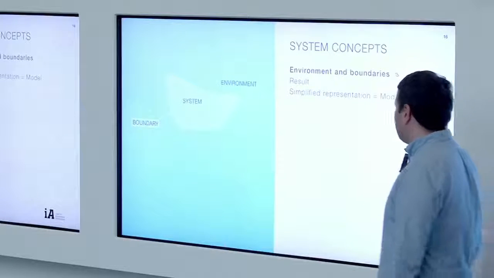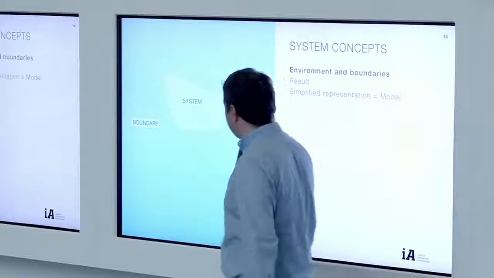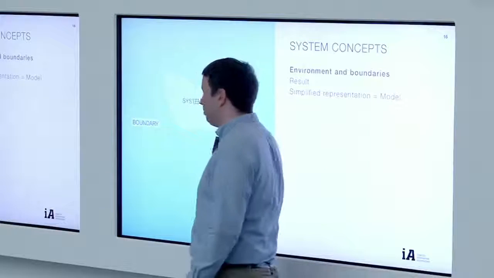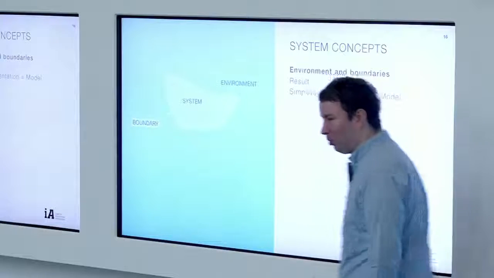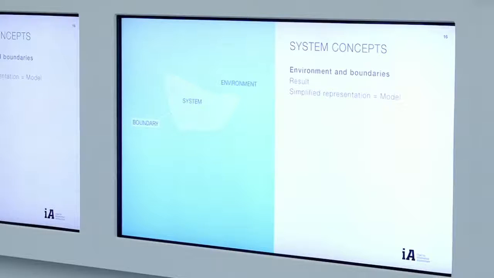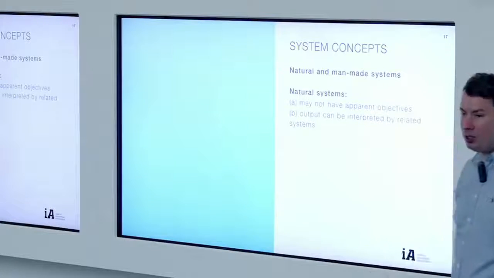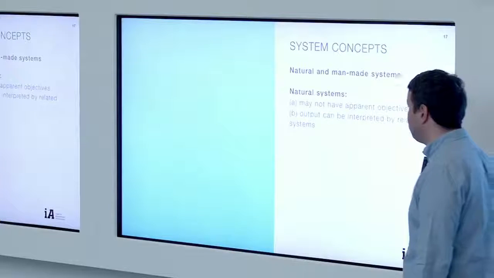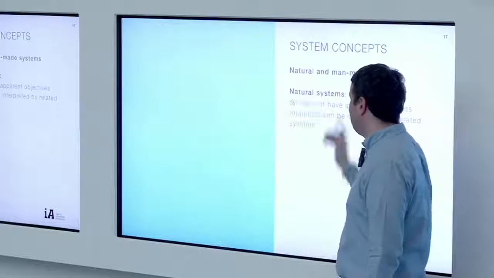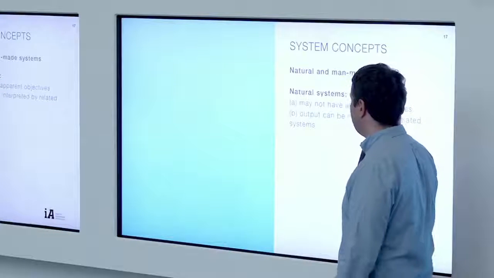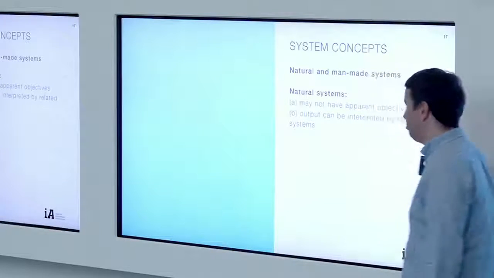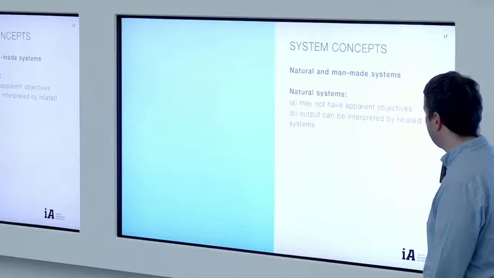Okay, and this is actually the first generic model, one of the most generic models that you can imagine. And there are different sorts of systems. One that has been observed in biology is, of course, natural systems, ecosystems.